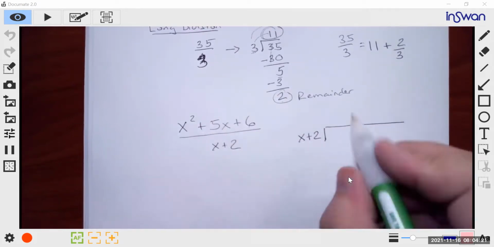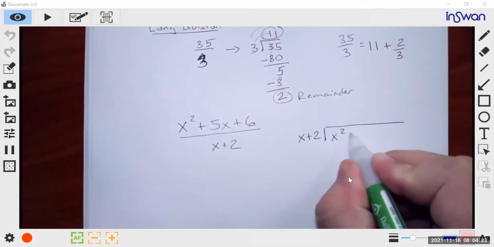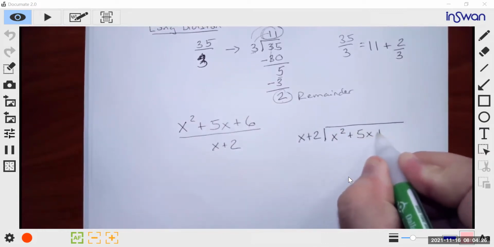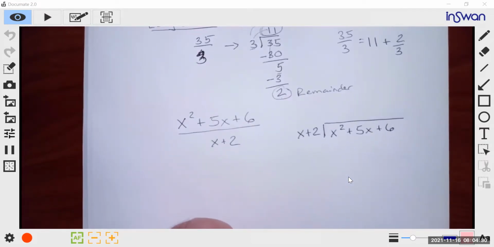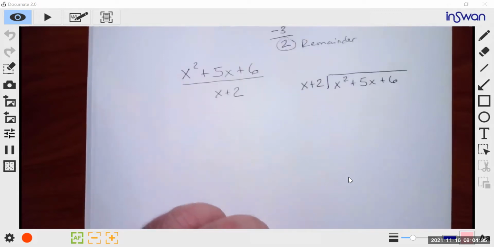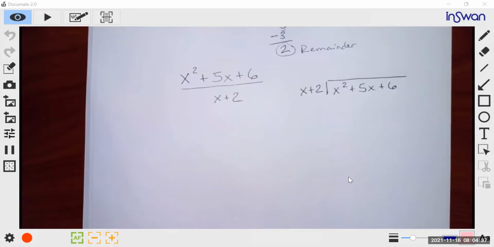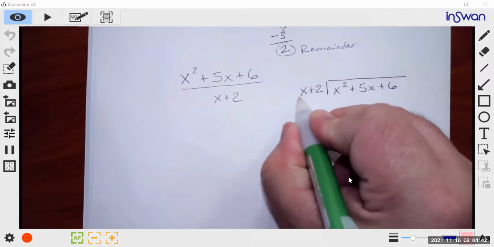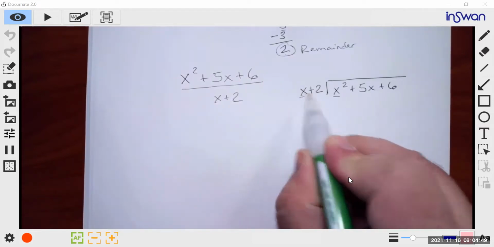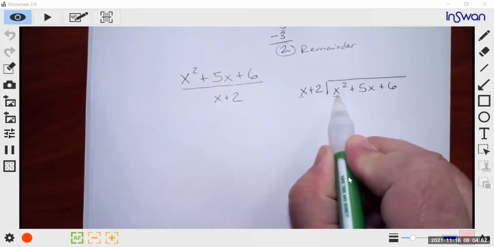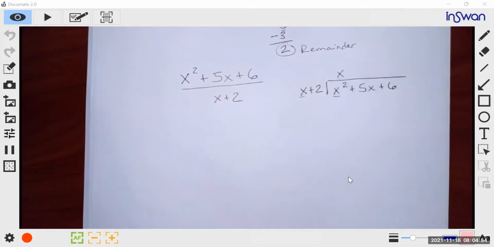Whatever's on top goes inside the divisor. Now with polynomials, always look at the leading terms. You're interested in that. So what times x gives me x squared? X. So that goes up here.